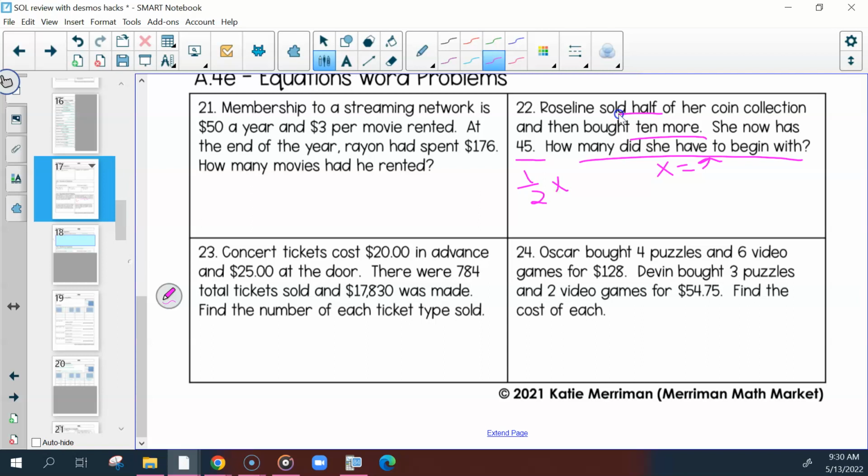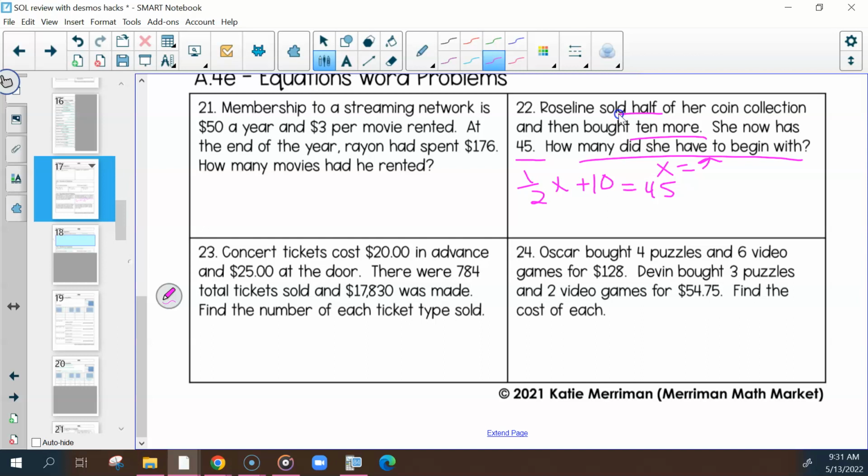And then she added 10 to it. And now she has 45. You have to be able to look at those, find the important pieces of information, and put all of that information together using your operations. Half would be multiplying, 10 more would be adding, and now has your total would be 45.